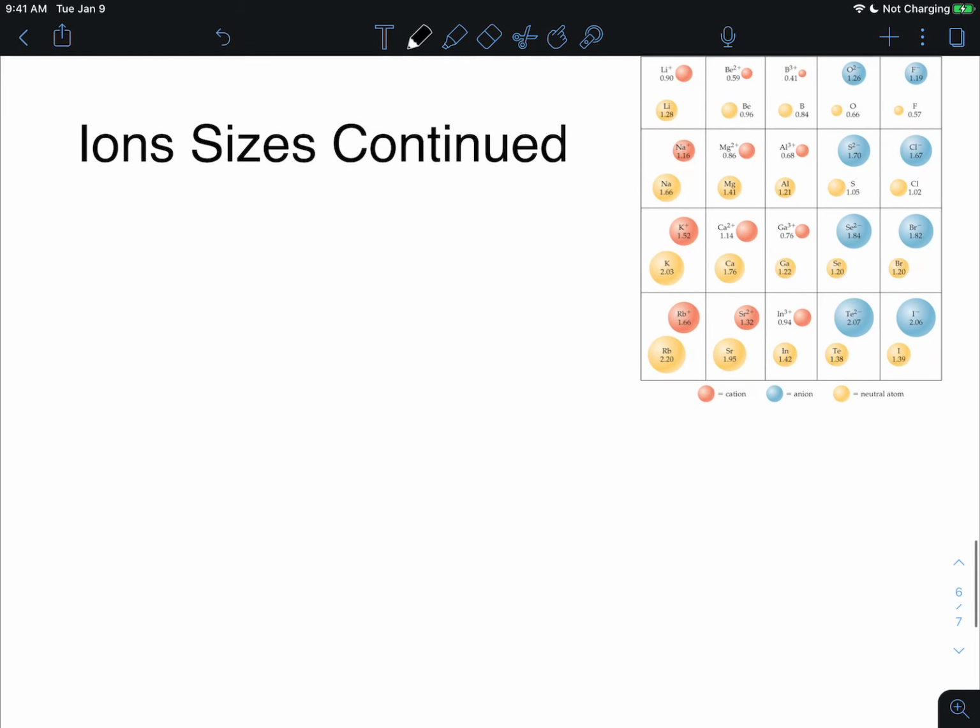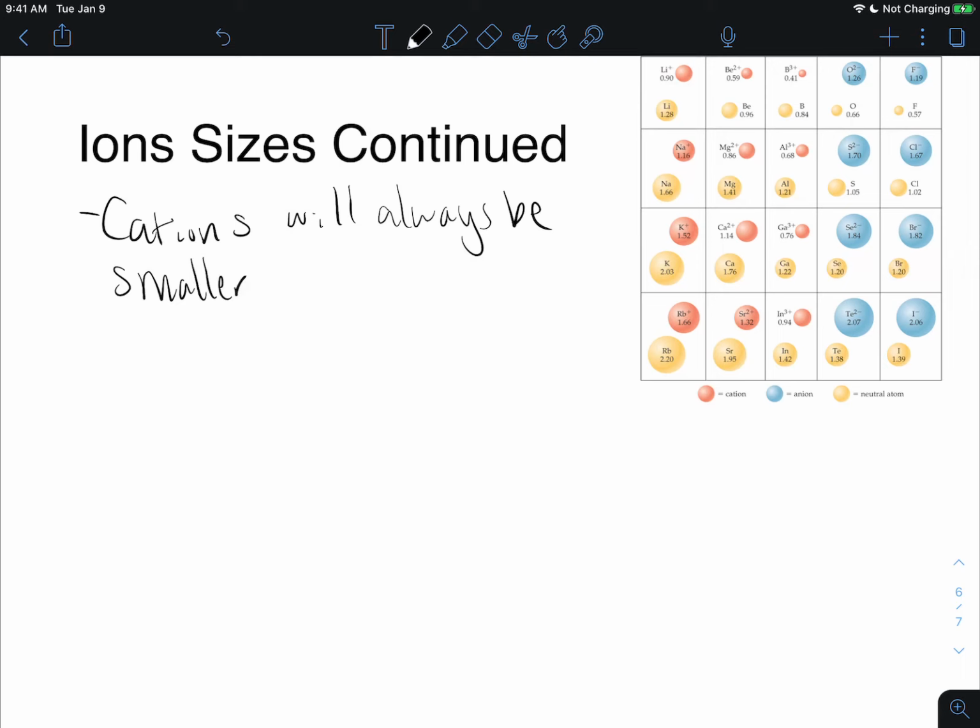So if we remove an electron, we have fewer electron-electron repulsions and fewer electrons in between our outer electrons and our nucleus itself. So that's going to pull electron density in because of our greater effective nuclear charge. So cations, the ones that I've just described, cations will always be smaller than the parent.